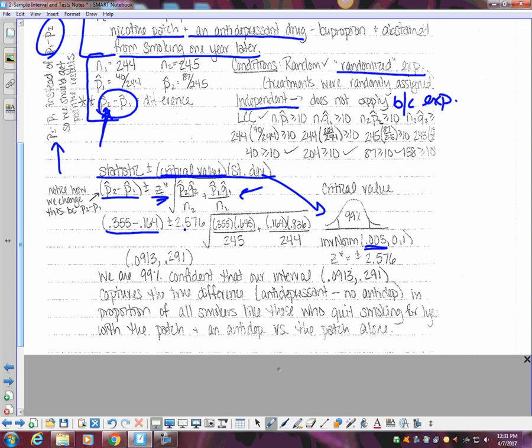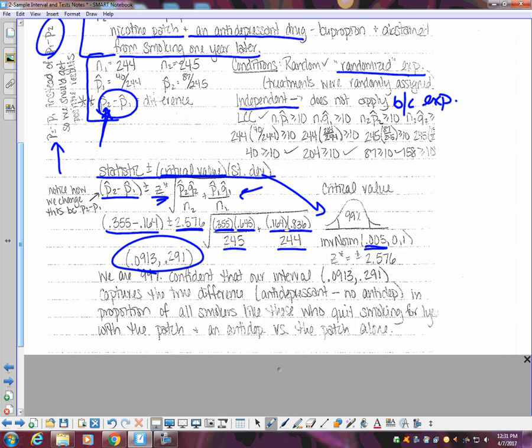So that's 0.5% in each wing. Get my Z star, that's him. And then the P2 and Q2 over my sample size for 2. And then my P1 and my Q1 and my sample size for 1, type it in. Then there's my interval. Again, I would pause it, make sure you can type that in and get it correct.